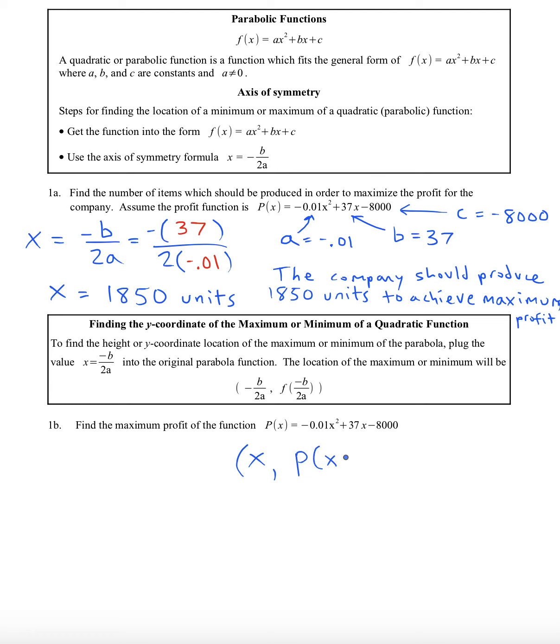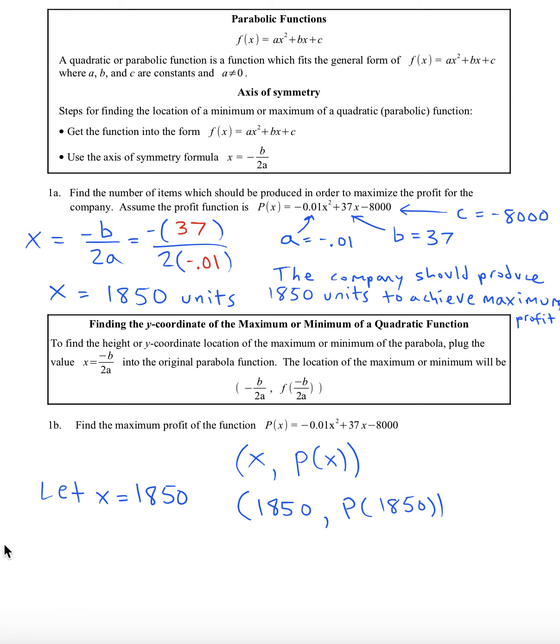So we need to let x equal 1850. So go ahead and put that in here. And now we just need to find out what p of x is. But what x do we use? We use 1850 as the input.